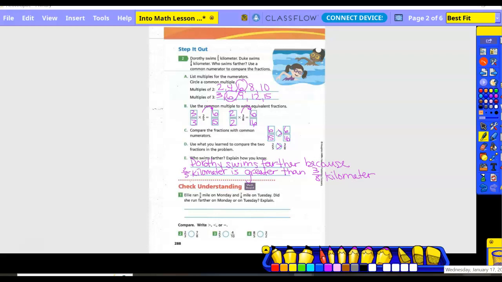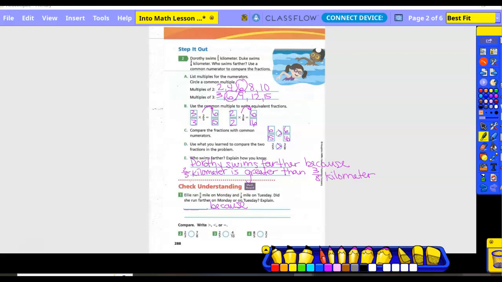So check understanding. Number 1, Ellie ran 5/6 mile on Monday and 7/8 mile on Tuesday. Did she run farther on Monday or on Tuesday? Explain. Okay, so we're going to put a line and put because. Okay, so once again, we either have to find a common numerator or a common denominator.